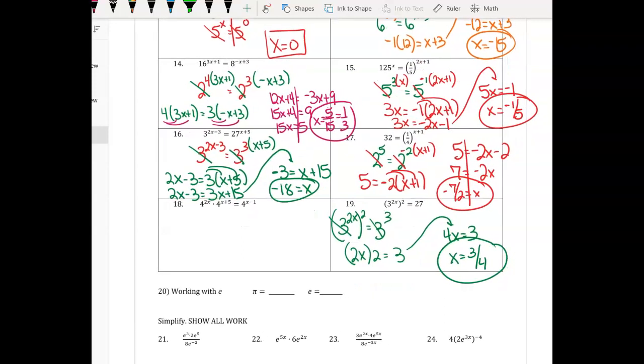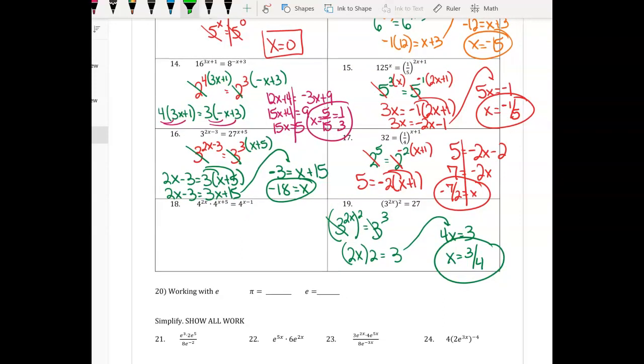All right, 18, a little bit of a challenge. What I don't like is that I have two bases of 4. So if you remember, if the bases are the same, I can actually just add those exponents up. And now that my bases are the same, focus on the exponents.